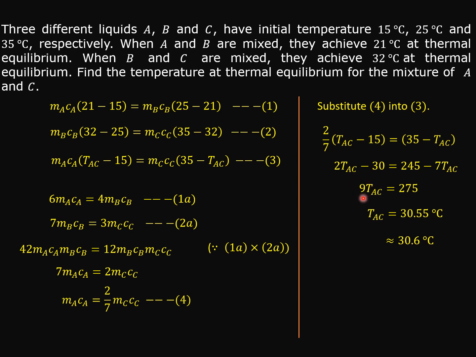That's why we have 9 TAC at the left. And this negative 30 we bring to the right hand side of the equality sign, so we have positive 30. Positive 30 plus 245, then we have 275. So the TAC is equal to 275 divided by 9, 30.55 degrees C, which is approximately 30.6 degrees C.